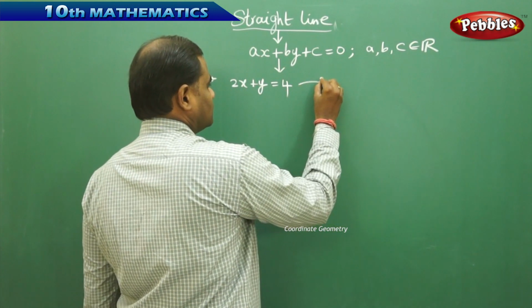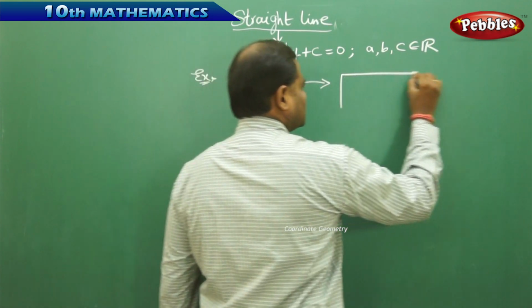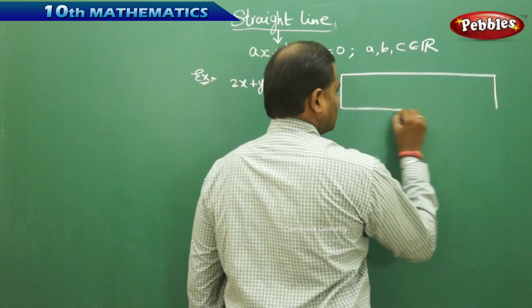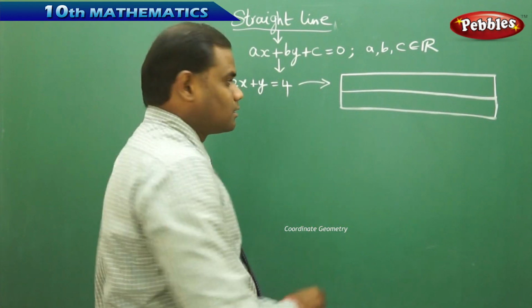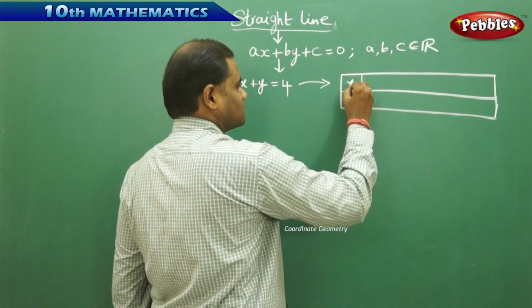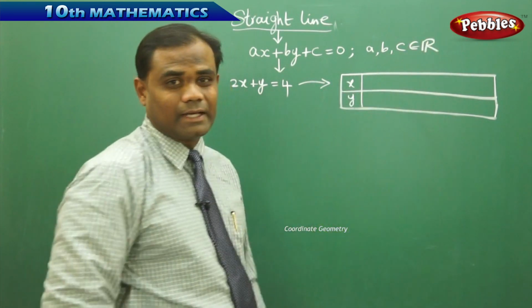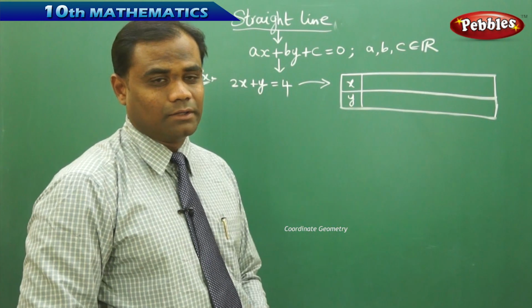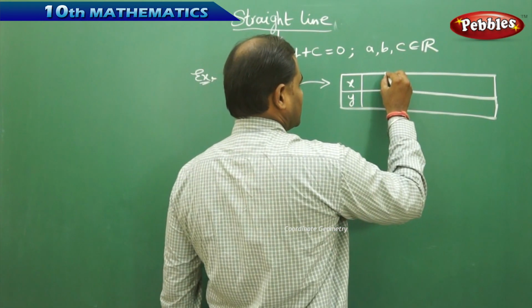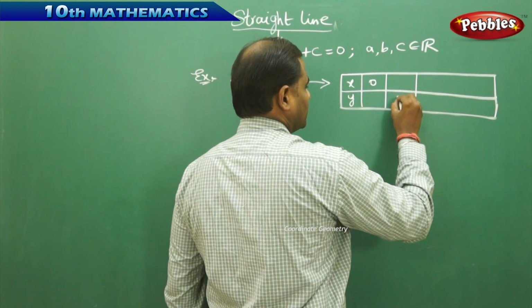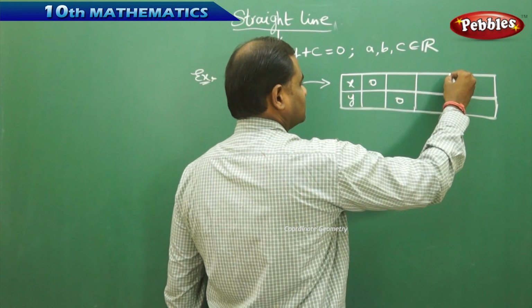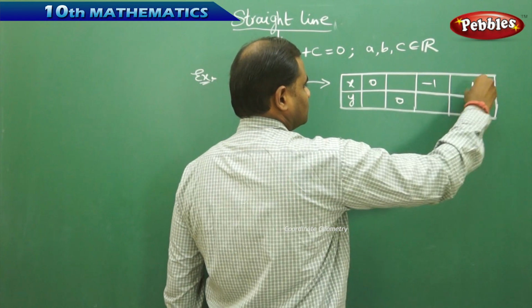So I take values in tabular form. Randomly I take the values of x and y, the first row with x values and the second row with y values, wherein I take x as 0, then y as 0, then x as minus 1 and 1.